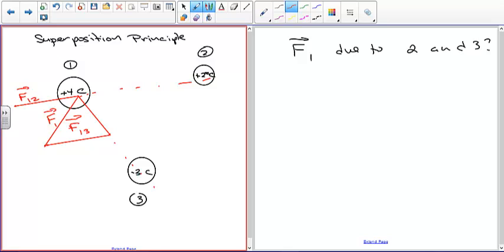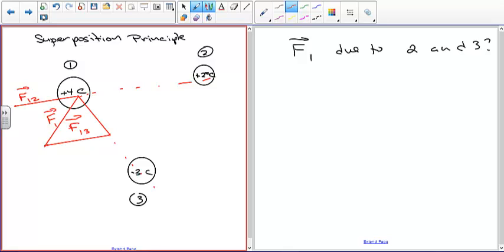So the way we would do it is we would calculate the magnitudes of the interaction between these two charged particles and these two charged particles, and then we would use geometry to figure out what the components are. So you'd figure out the x component and the y component of this force, and the x component and the y component of this force.